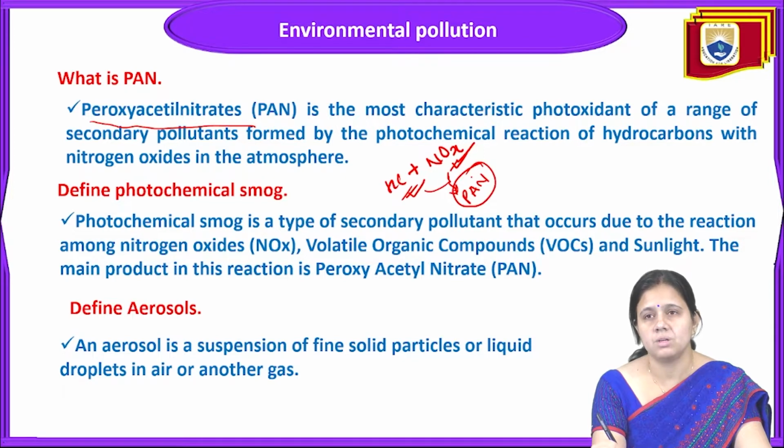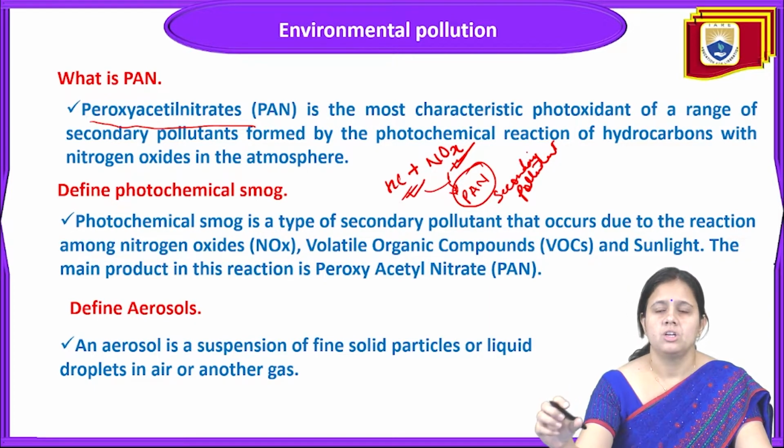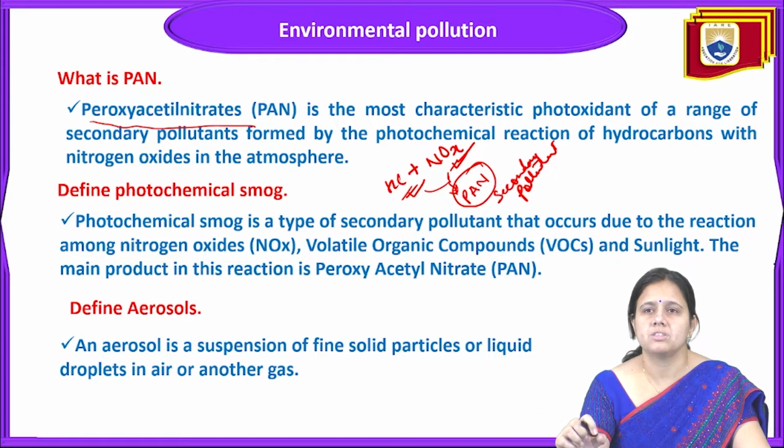This is a very dangerous pollutant, and it is the most important secondary pollutant, formed by the reaction between two primary pollutants through a photochemical reaction. This is called PAN.